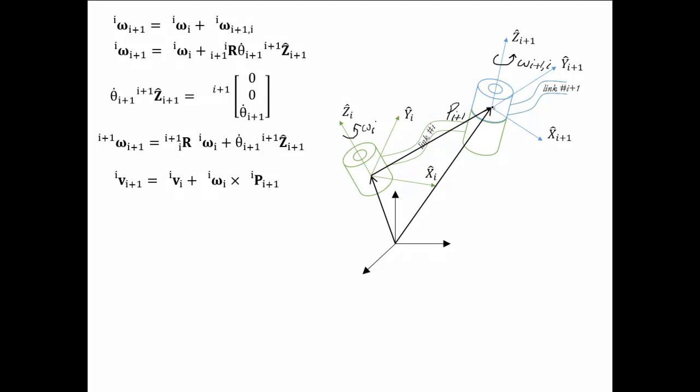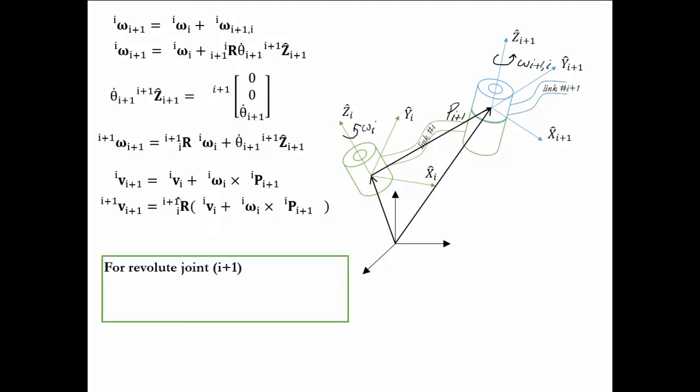So that will be the linear velocity of this point, which is v_i, plus omega_i cross p_{i+1}. Fine. Now this can again be written in its own frame: v_{i+1} in frame i+1 will be the pre-multiplication of this whole by the rotation from i to i+1.